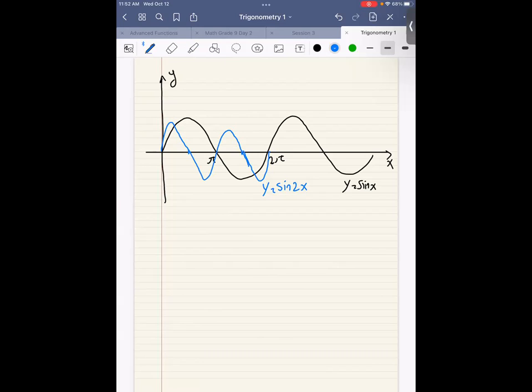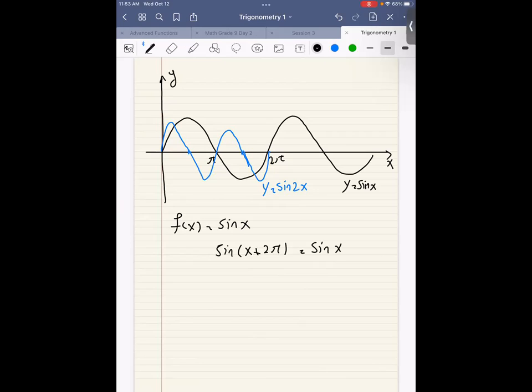Okay, so if you have sine of x, the principal period is 2 pi, right? When I say the principal period, that means, first of all, sine of x plus 2 pi is equal to sine of x. And this is the smallest number.